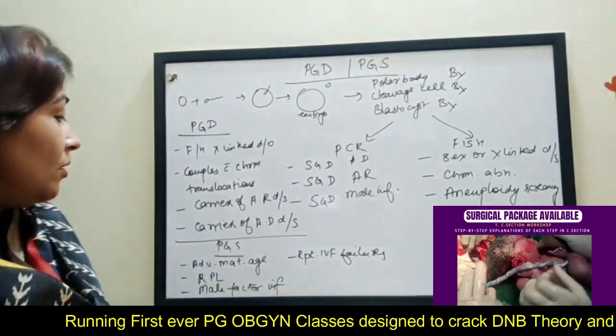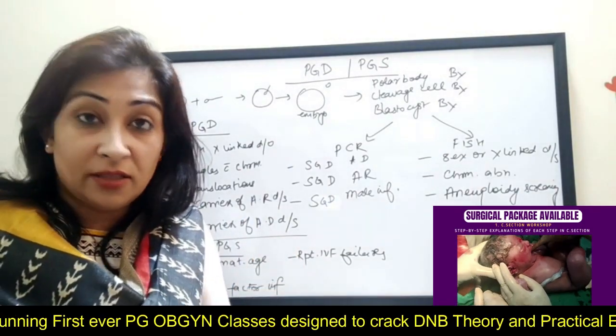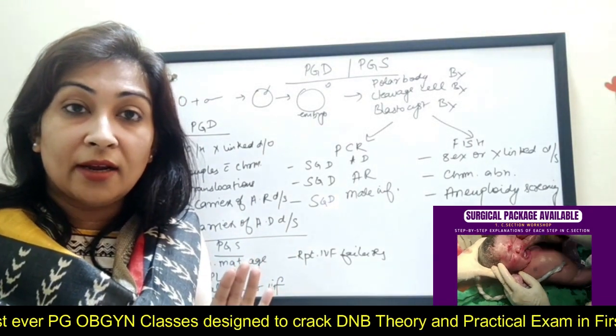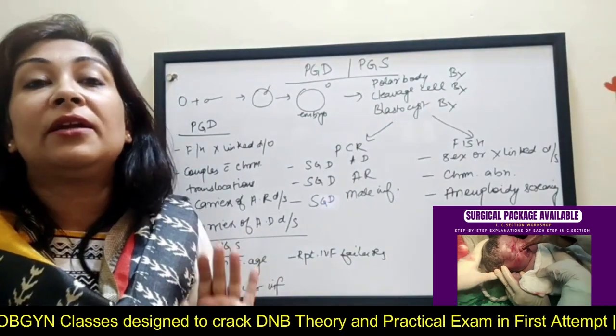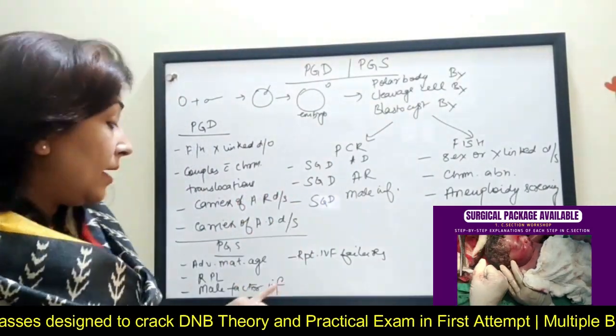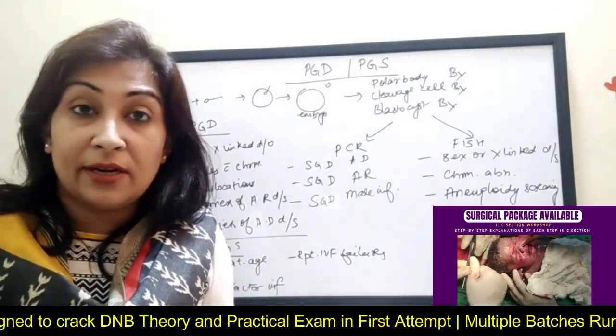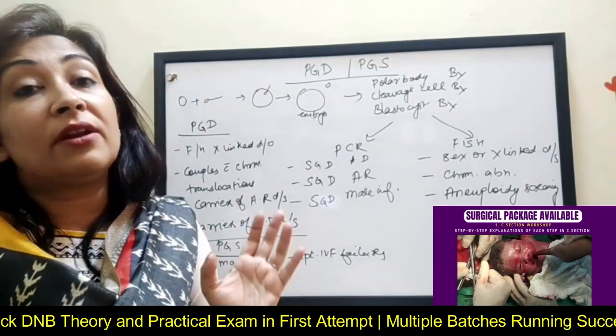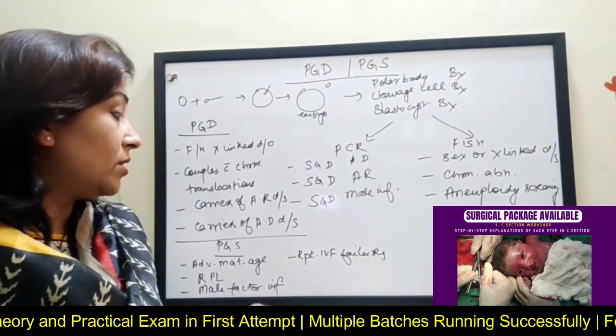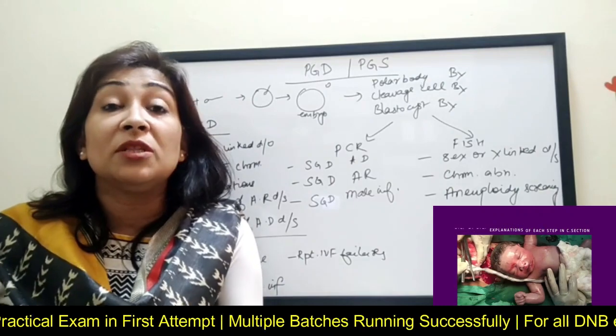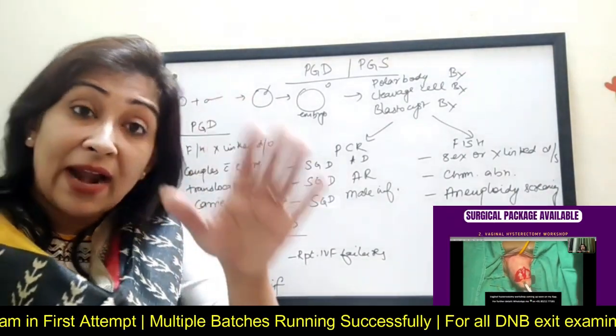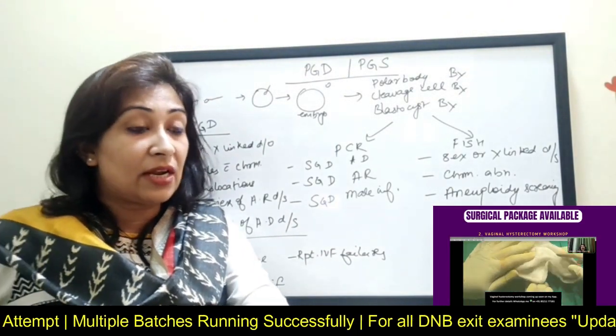For example, those patients with advanced maternal age, they don't have any chromosomal abnormality per se, but advanced maternal age, or male factor infertility, or patients with recurrent pregnancy losses, or patients with repeated IVF failures. They've had IVF, they did not get this implantation testing.